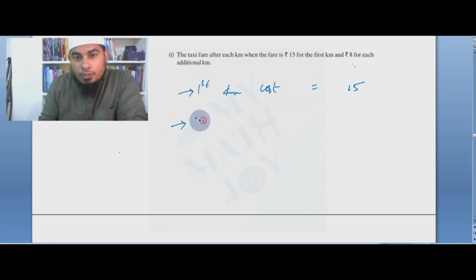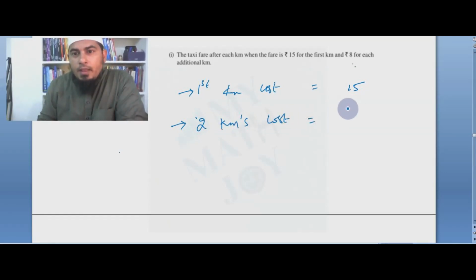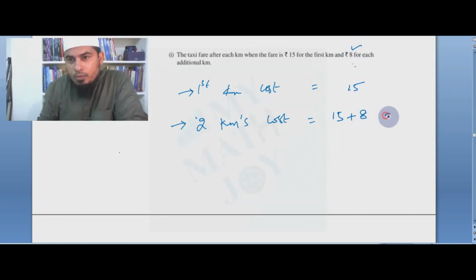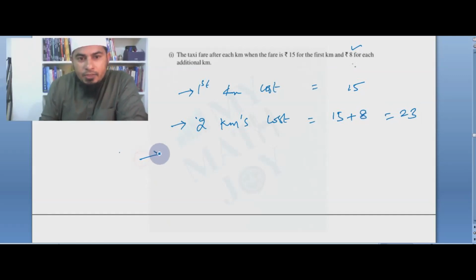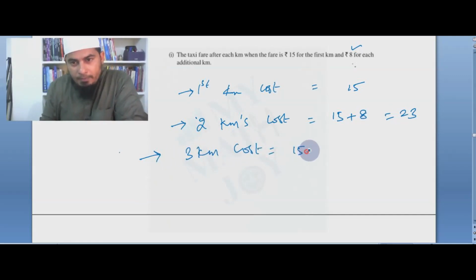Now 2 kilometers will cost 15 plus 8 for the next kilometer, so it will be 23. And 3 kilometers will cost 15 plus 8 plus 8, so it will be 31.